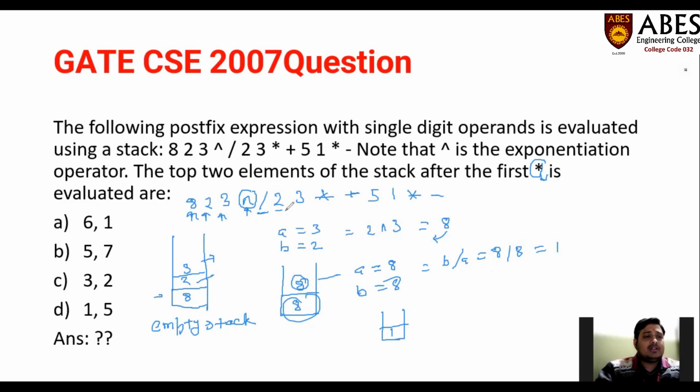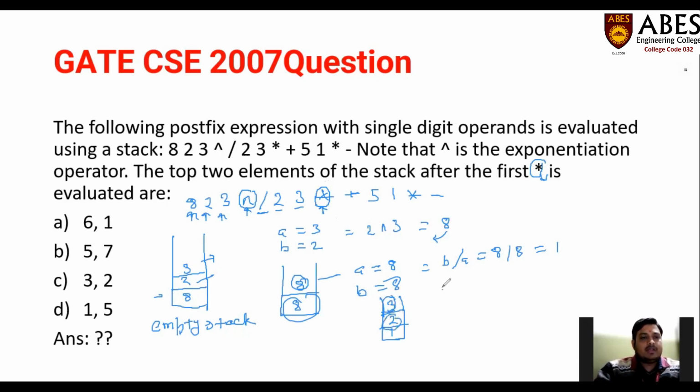After that we encounter 2, an operand, and we push this 2 onto the stack. Again we observe 3, also an operand, and we push this 3 onto the stack. And after that we observe the multiplication symbol, and it is also what the question asks, the evaluation of the first multiplication symbol. So this is the first multiplication symbol, and let us evaluate. This is an operator, so we pop the top two symbols from the stack.